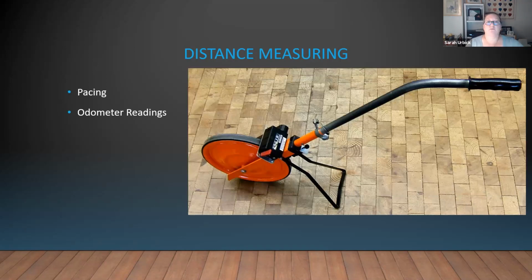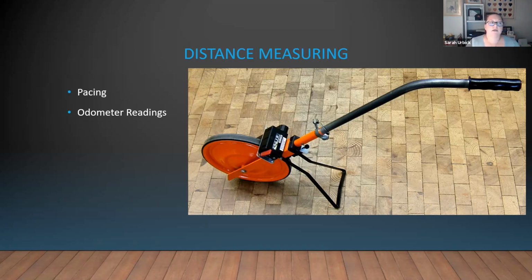These little meters click off as the wheel rolls. It's a known circumference, so each revolution is so many feet. It goes so far, and you can get a lot of information out of something like that.